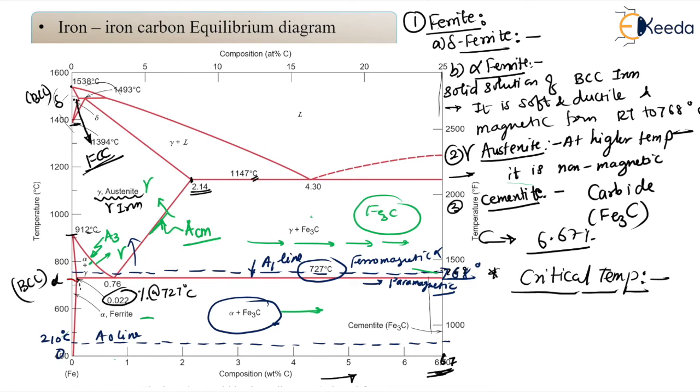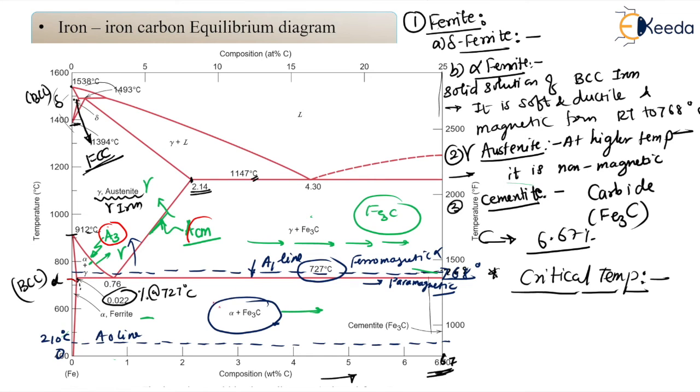So dear students, one more thing that I want to declare here is what is meant by our lower critical temperature and upper critical temperature. I will show it here. Just now we have talked about this A3 line and this ACM line. So this line, the line at 727 degrees centigrade, dear students, is actually our lower critical temperature.